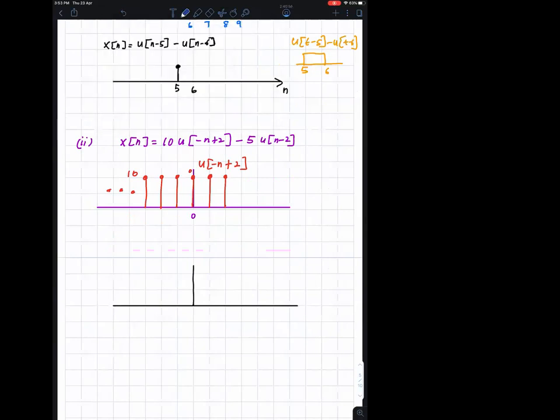Okay, let me plot un first. Let's say I'm plotting un. Call this amplitude 5. I forgot to put 10 here.